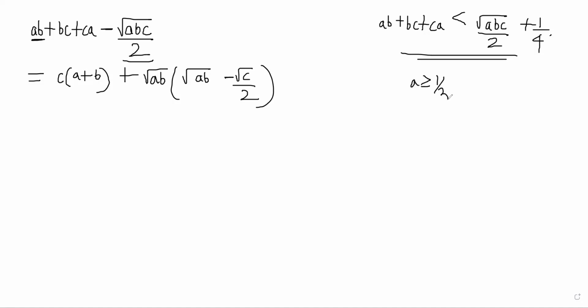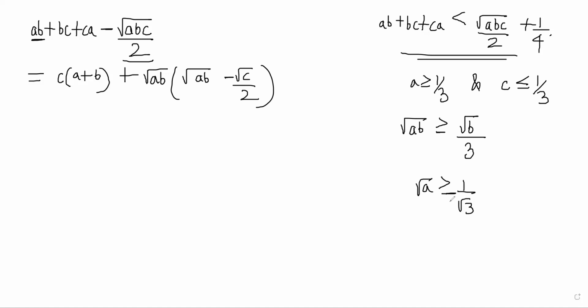And since we know already that A is greater than or equal to 1 by 3 and C is less than or equal to 1 by 3, it implies that root AB would be greater than or equal to root B by 3. I mean, you should actually get root A is greater than 1 by root 3, and then root AB should be greater than or equal to root B by 3, and that should be greater than or equal to root C by 3, correct?